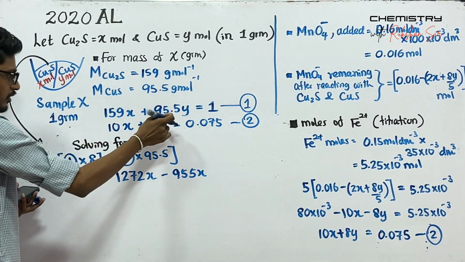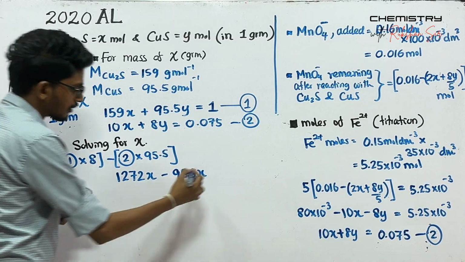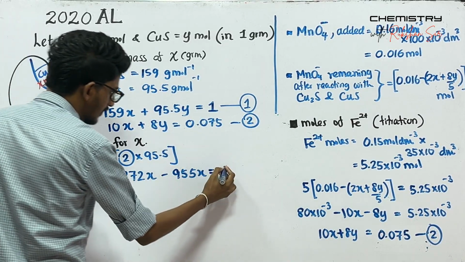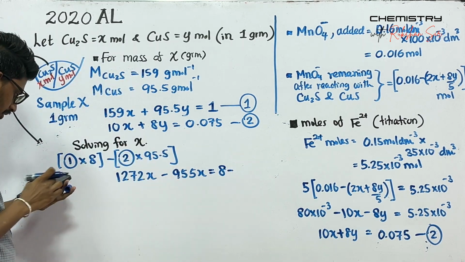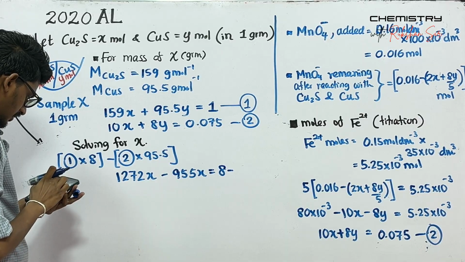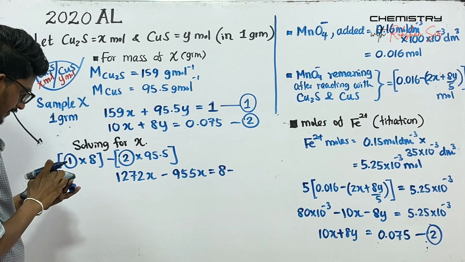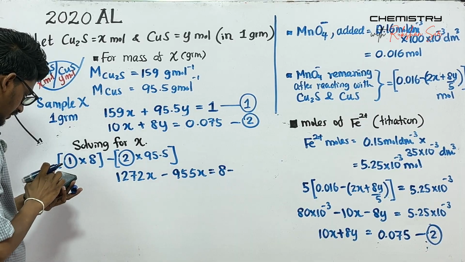So these two will cancel off by doing this operation, right? So this is equal to 1 into 8 is 8 minus this value into 95.5, so 95.5 into 0.075, right?